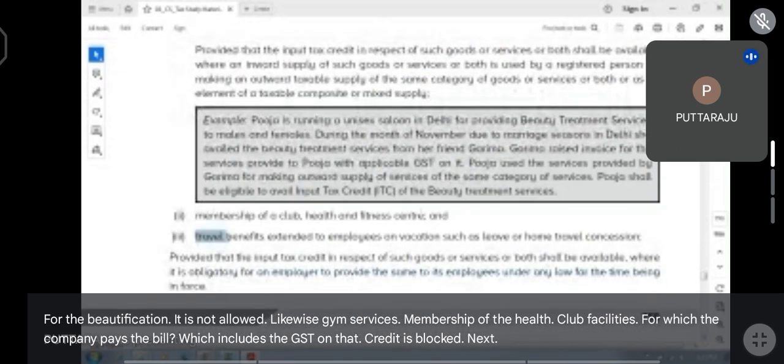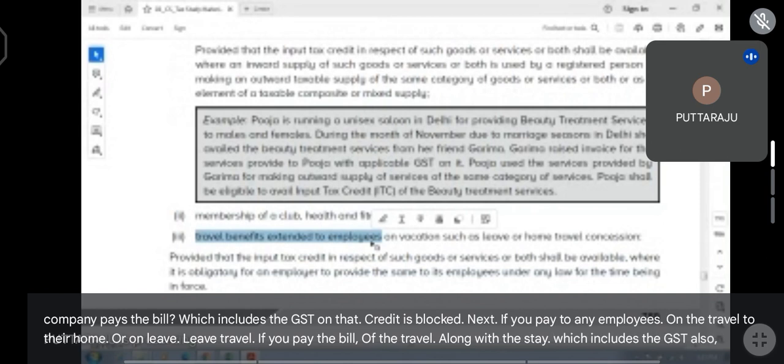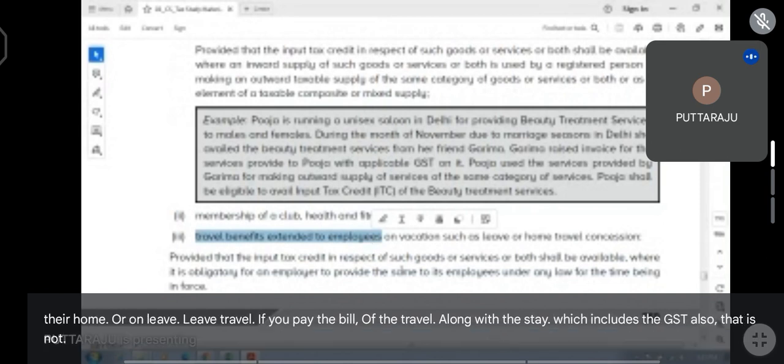Next, if you pay for employees' travel to their home or leave travel, if you pay the bill of the travel along with the stay which includes the GST also, that is not eligible. I mean to say it is blocked.